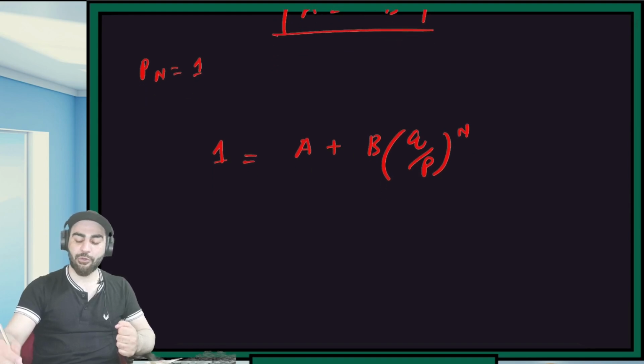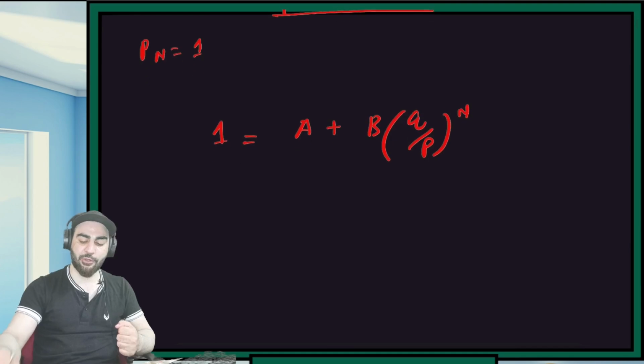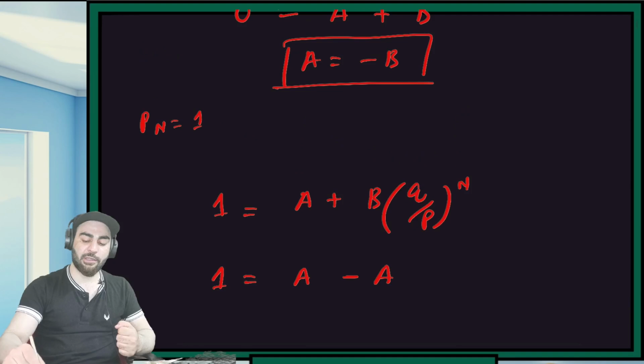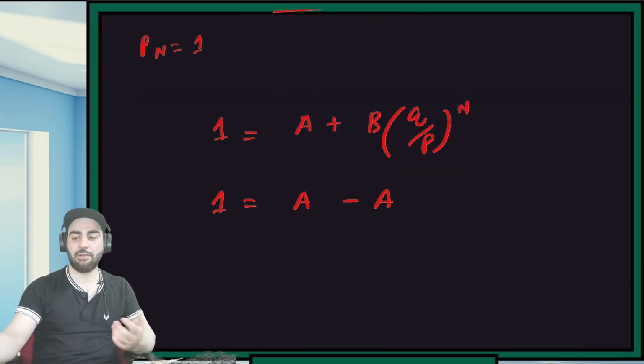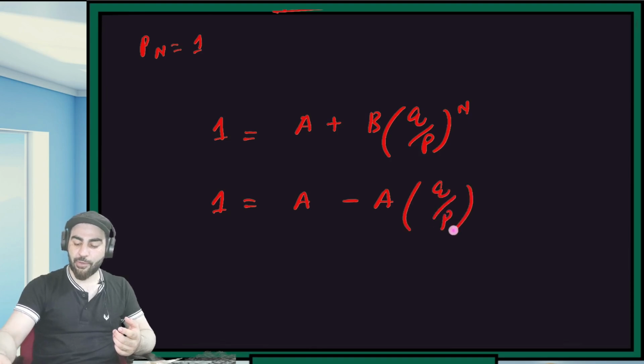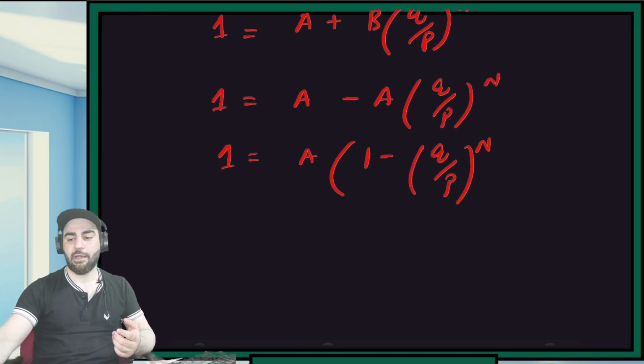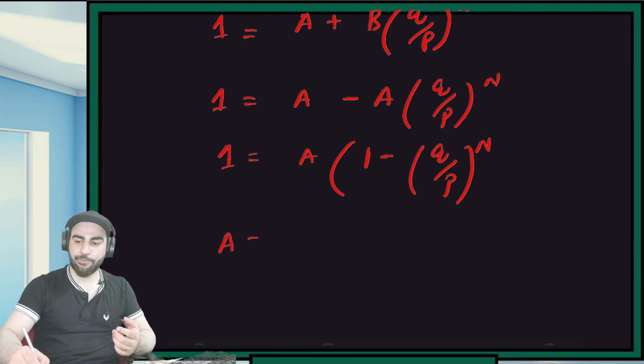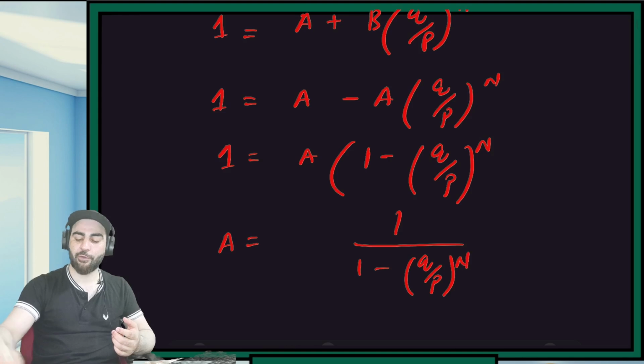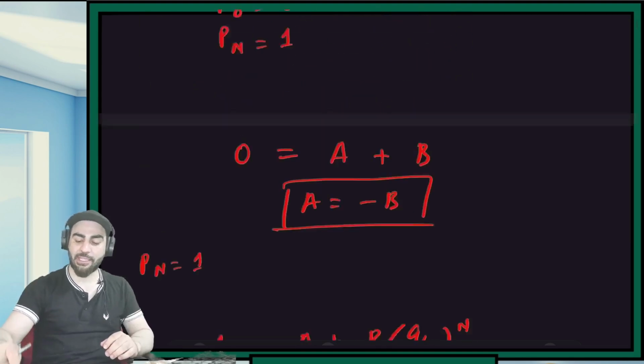Now from here you can substitute the value of b as minus a, so 1 is equal to a minus a (q/p)^n. Taking a common, 1 is equal to a times (1 minus (q/p)^n). Here I'll compute the value of a. a comes out to be 1 divided by 1 minus (q/p)^n. Okay, from the algebra. It might look pretty tedious, but this is the standard procedure that we have to go through.